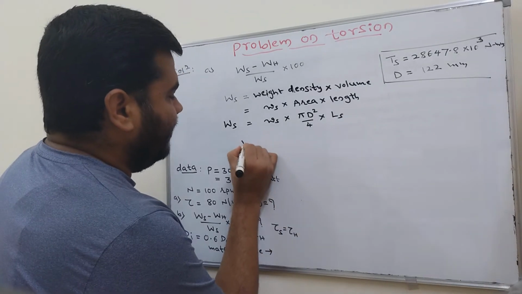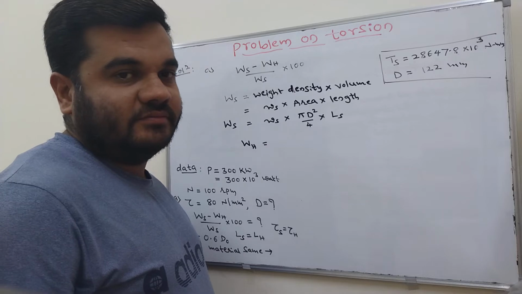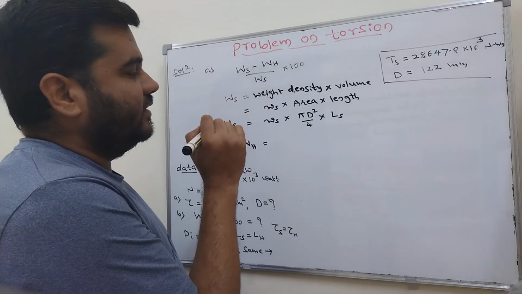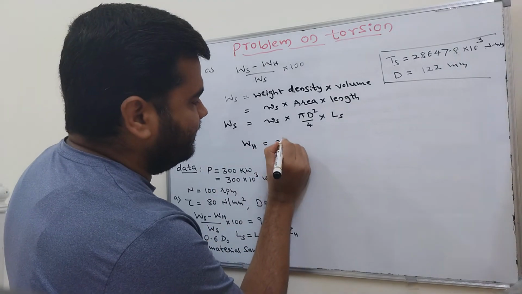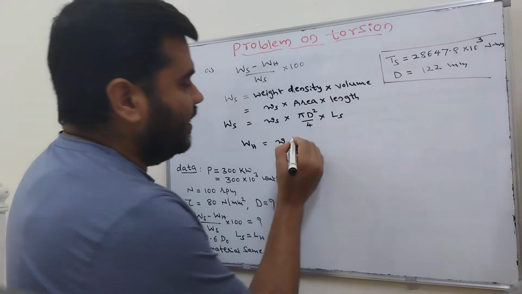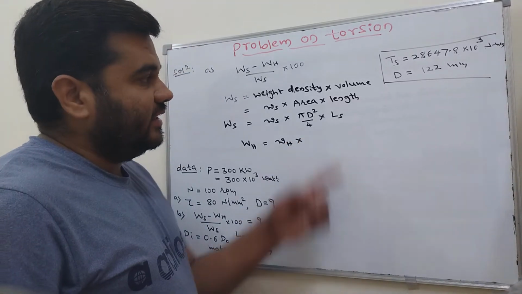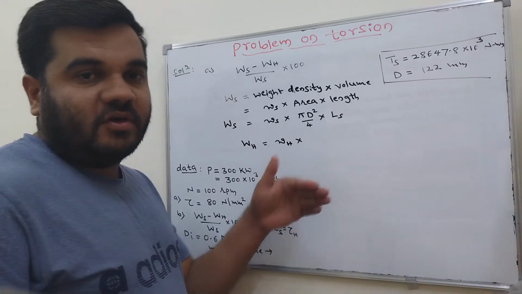Similarly, we will find the weight of the hollow shaft, because we need the weight of hollow here. Here also the same: weight density of the hollow shaft, the specific weight of the hollow shaft, into area into length, that is the volume. Area of hollow shaft is how much? What is the formula?